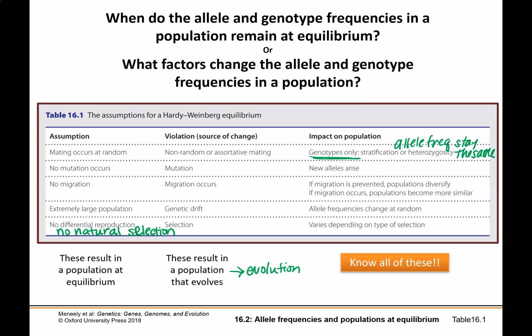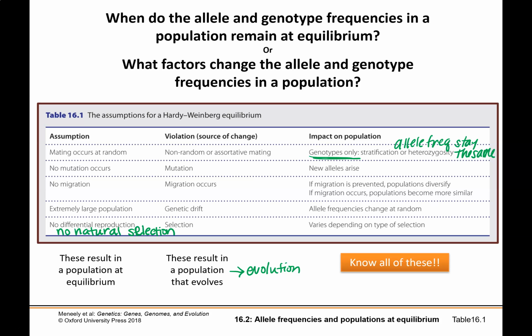For the other 4, if migration occurs, if individuals move in or out of a population, our allele frequencies change because individuals come in or individuals go out. If mutation occurs, we now have a new allele, or a mutation may also occur changing one allele into another in a particular population.